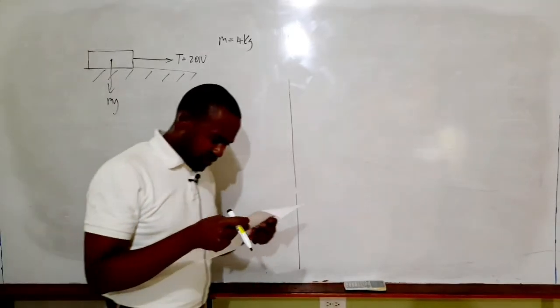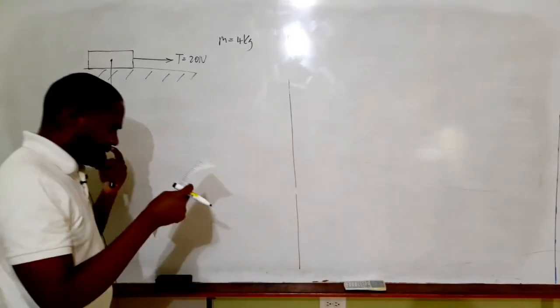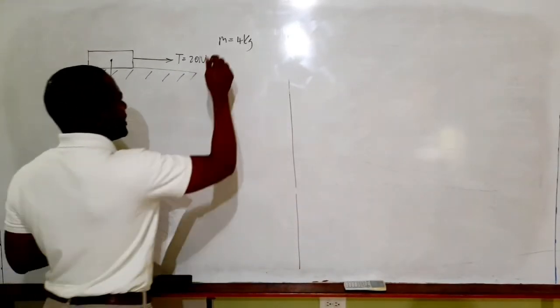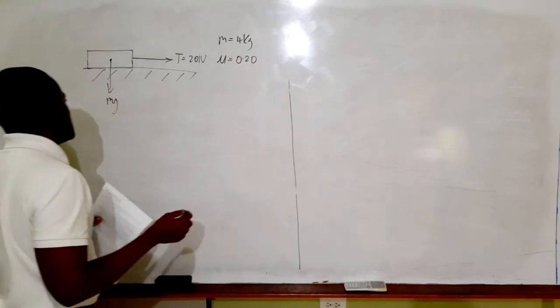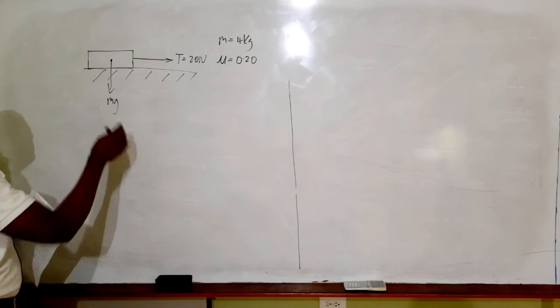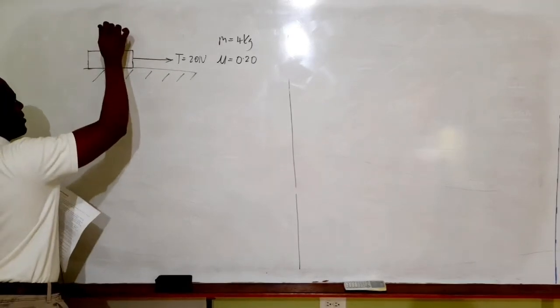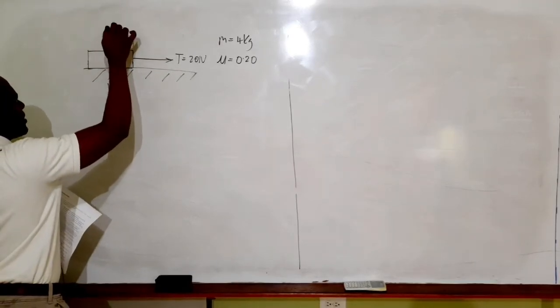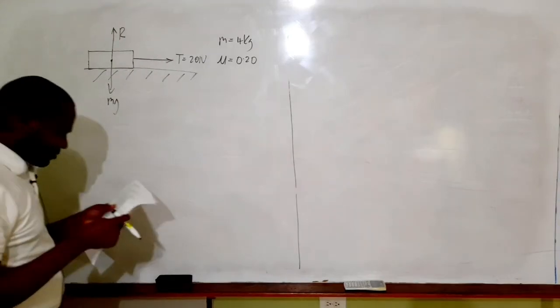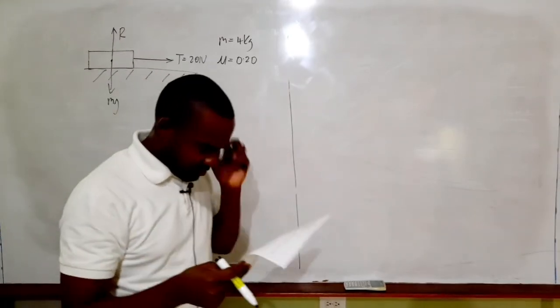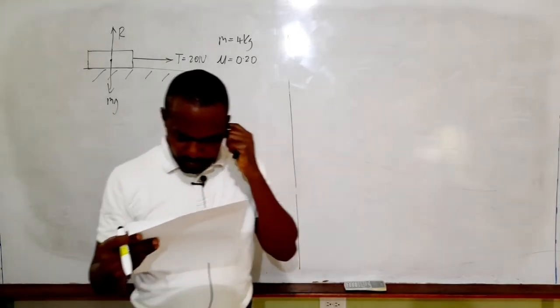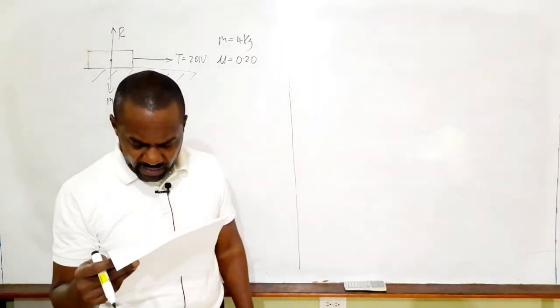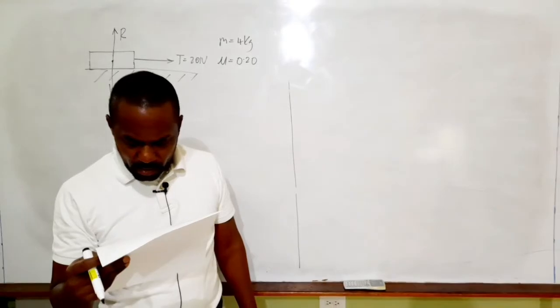The coefficient of friction mu is equal to 0.20. Now there's a weight mg, and there's also a reaction force R. They want us to find the acceleration of the particle.